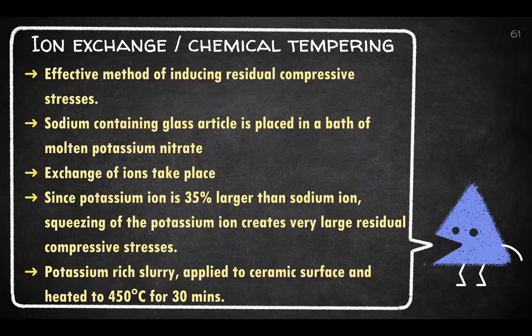Here the sodium ions within the ceramic material are replaced with potassium ions. This potassium ion is 35% larger than the sodium ion. So the areas left by the leached out sodium ions will be occupied by a potassium ion, which is 35% larger than the sodium ion that vacated that space.